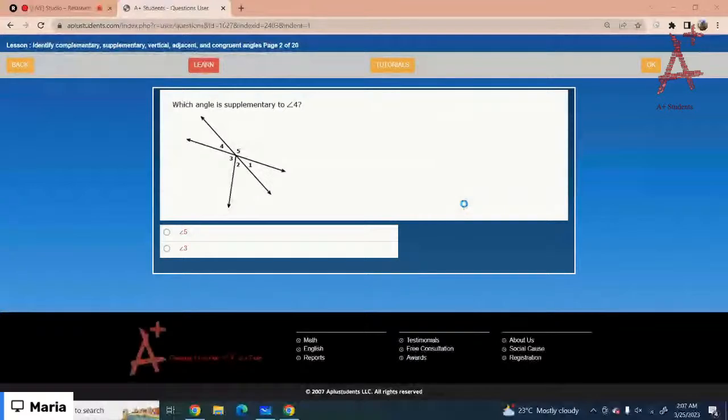The supplementary angles' sum equals 180. Here is angle 4. Add angle 4 and angle 5, which must make 180. So that is the supplementary angle.